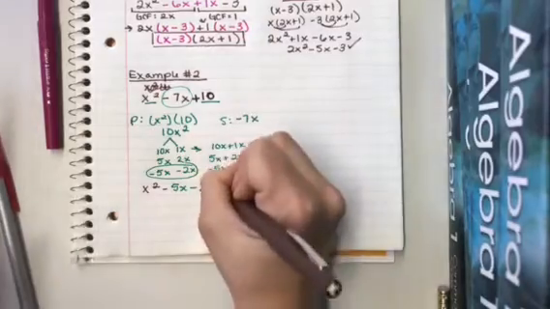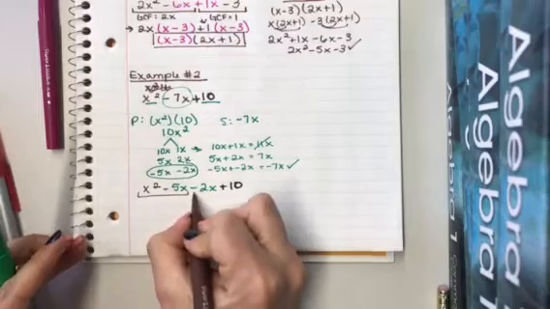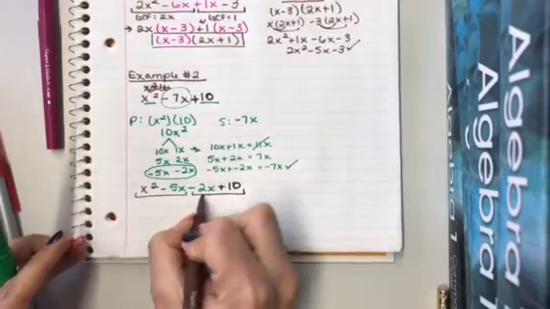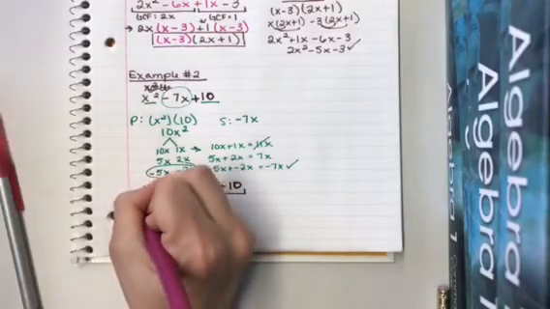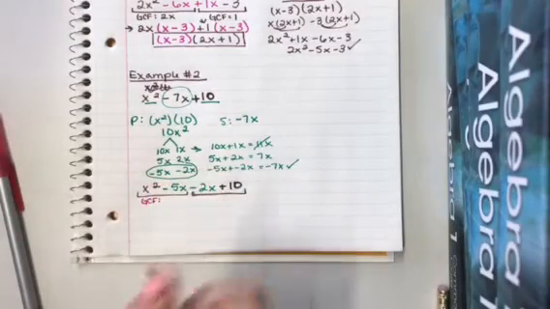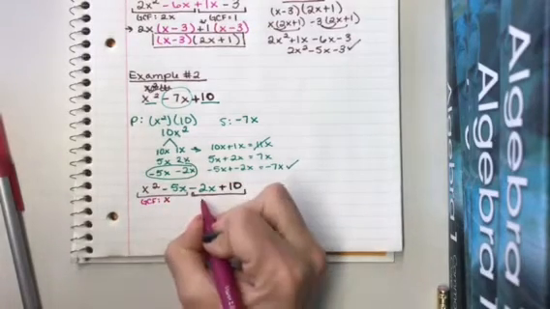And I go into the same process of my two groups. I split them up, and I find my greatest common factor. Now my greatest common factor for my first piece is going to be x, because that's all they have in common.